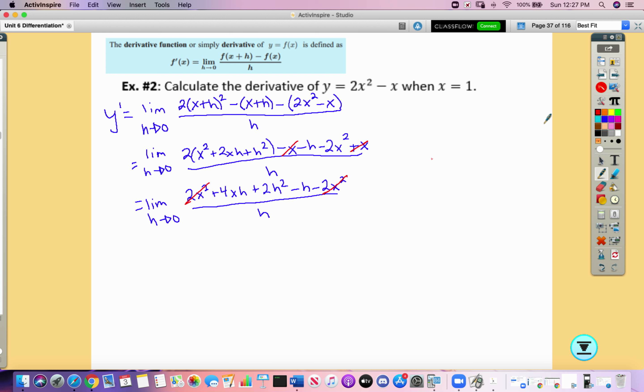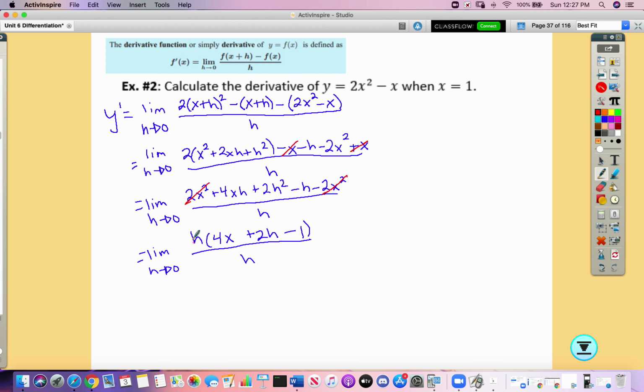It looks like nothing else is going to cancel out. However, I do notice that with what's left, everything has an h in it. So let's go ahead and factor out an h. I've got the limit as h approaches 0 of h times (4x plus 2h minus 1), all divided by h.